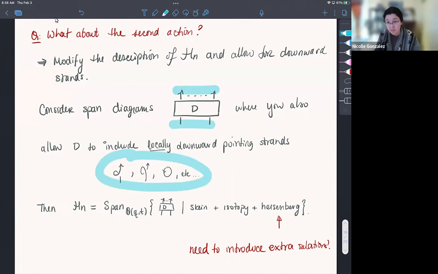And one of the things that we get is that the Aqt algebra can actually be recovered in exactly the same way, where you consider more general diagrams like this, but you don't only have the relations of skein and isotopy, you also have to include what we're going to call the Heisenberg relations, right? And so what are these Heisenberg relations that we need to impose on these diagrams to make this equality true?